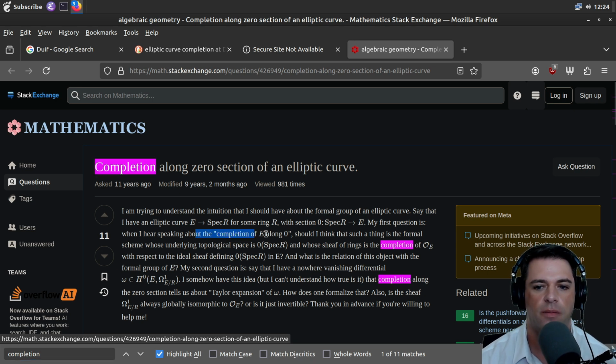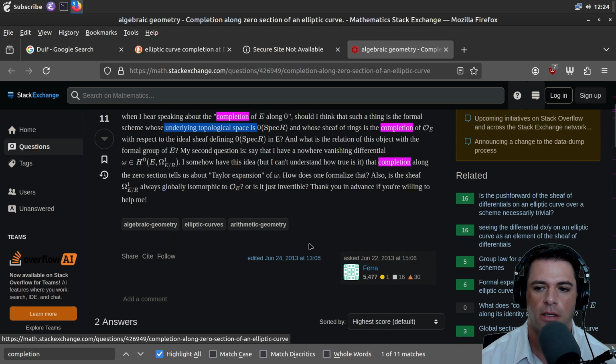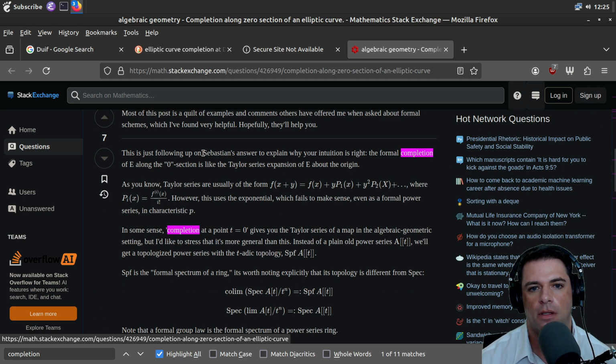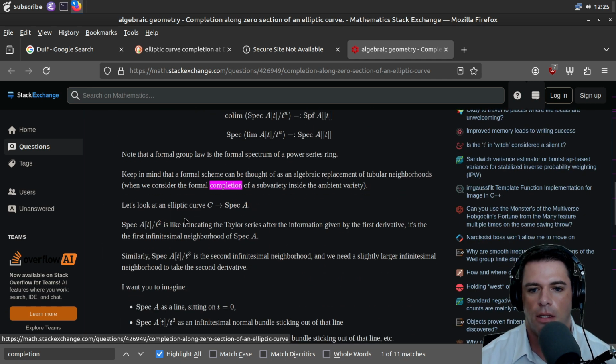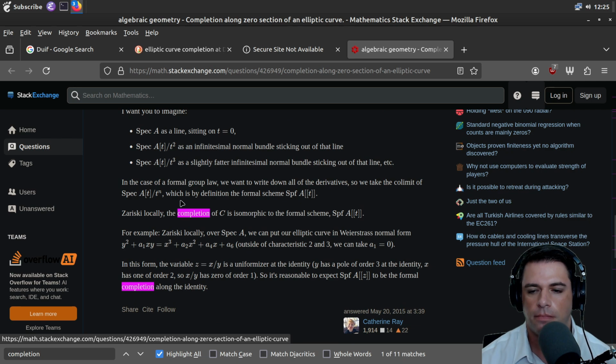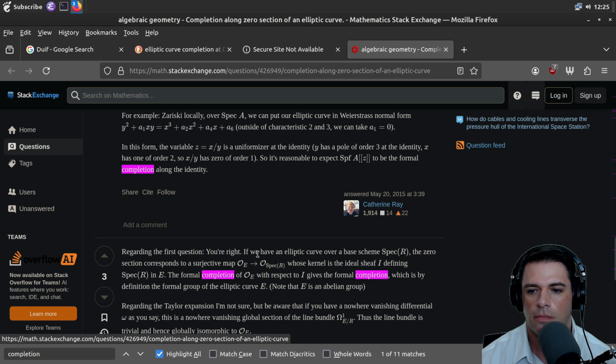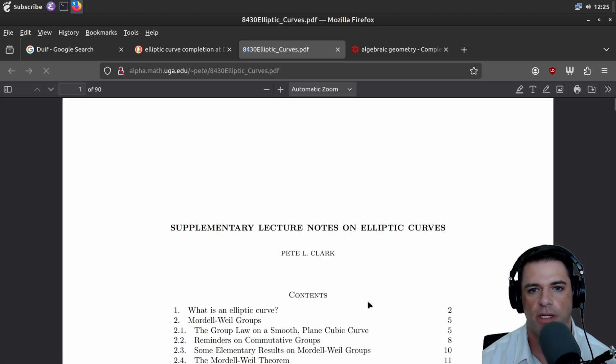Now here, speaking about the completion of E along 0, should I think of such a thing as the formal scheme whose underlying topological space is 0 spec R, and whose sheaf of rings is the completion of OE with respect to the ideal sheaf? The formal completion is the... I'm not sure if this is the same notion of completion, but it probably is.